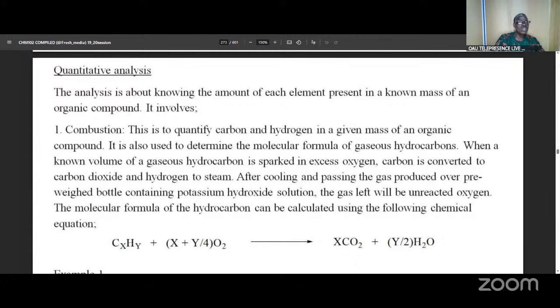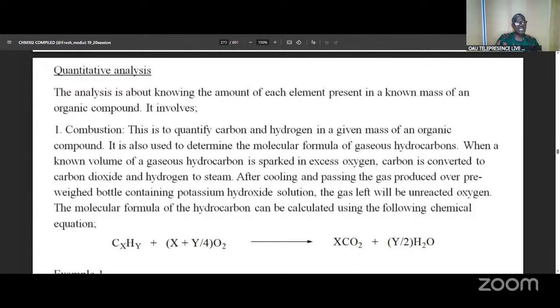But we want to know the amount. Then quantitative analysis is the way to go. Now, the first way is combustion. Number one is combustion. You subject the organic compound to combustion.